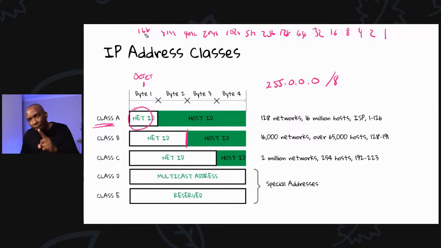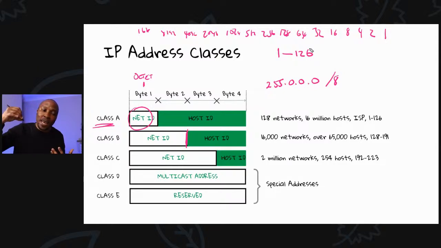What I did not mention earlier on is, because on a class A you are getting 126 networks, it means every IP address that starts with any value between 1 and 126 is classified as a class A address. Any IP address that starts with 129 up to 191 is classified as a class B IP address.